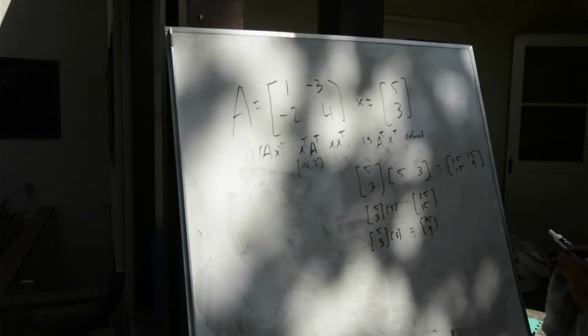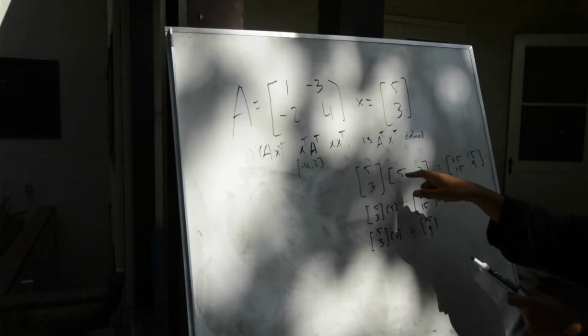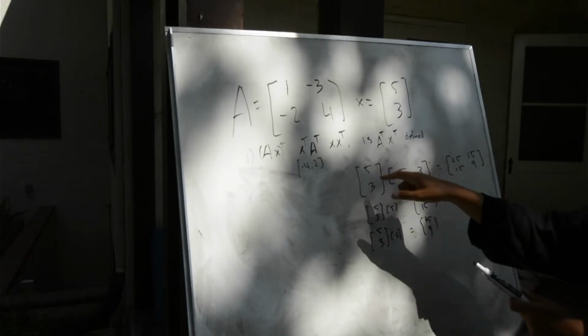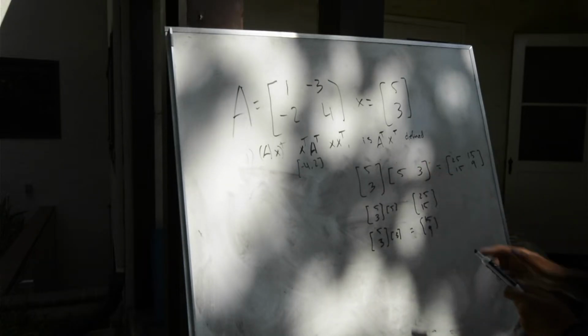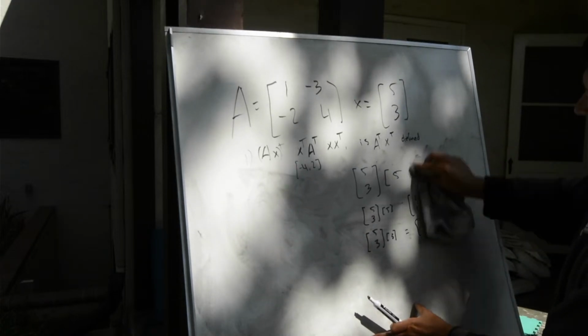So the other way we could do this is it's going to be 5 times 5. Okay, so that's the way to write it as a linear combination of columns.